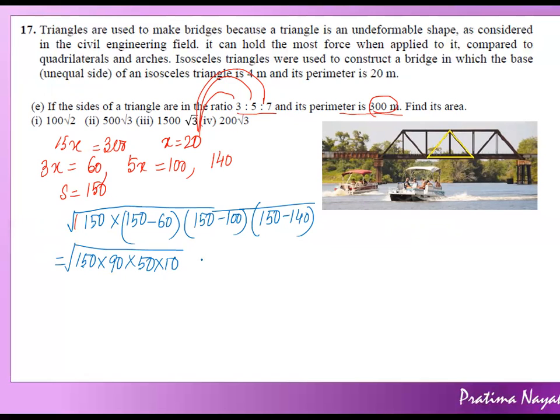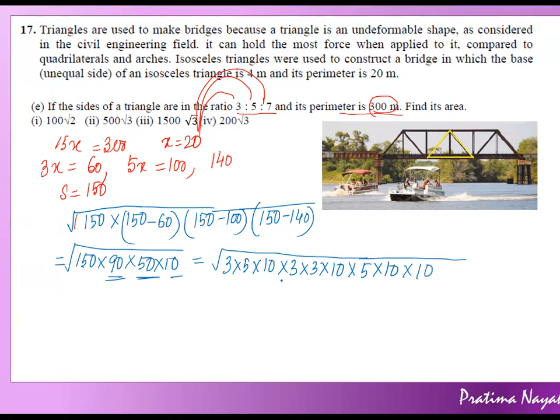So you can see many zeros. So this I am not factorizing. 10 I am keeping as it is. So 150 I'll write 3 into 5, 15 into 10. 90 I'll make 3 multiplies 3 into 10. 50 I'll make 5 into 10. And 10 is your 10.